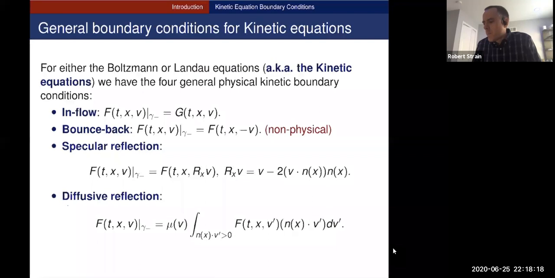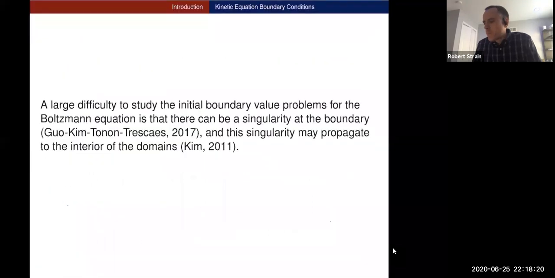And so I want to mention a point: a large difficulty in studying the initial boundary value problem for the Boltzmann equation is that there can be a singularity at the boundary. I give the example of this 2017 paper by Guo, Kim, Tonon, and Trescases, where they proved that. And then the singularity can also propagate to the interior of the domain.